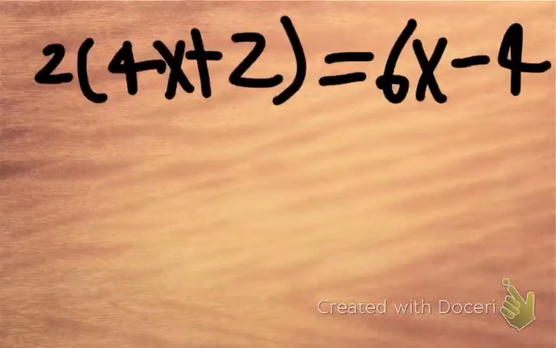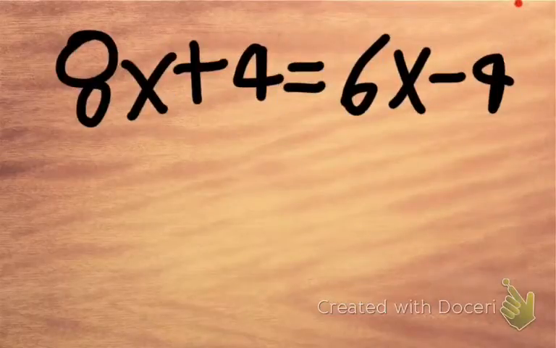Then we would multiply 4x plus 2 by 2, because that would be angle EHF's number, and you would have to multiply it by 2 to equal the full angle. Now, since we multiplied that by 2, we have 8x plus 4 is equal to 6x minus 4.